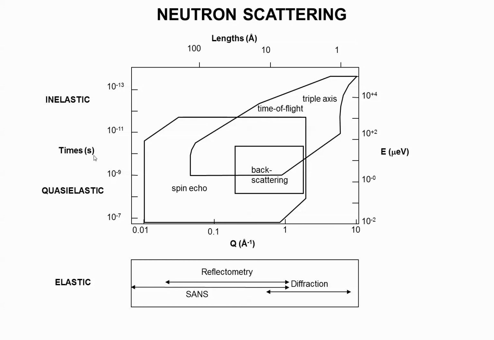Fourier transform of time, which is the energy transfer during scattering. All of these are quasi-elastic, inelastic techniques, instruments like triple axis, time of flight, backscattering, spin echo, and so on. And all of these are called elastic scattering techniques, like small angle neutron scattering, reflectometry, diffraction, and so on.